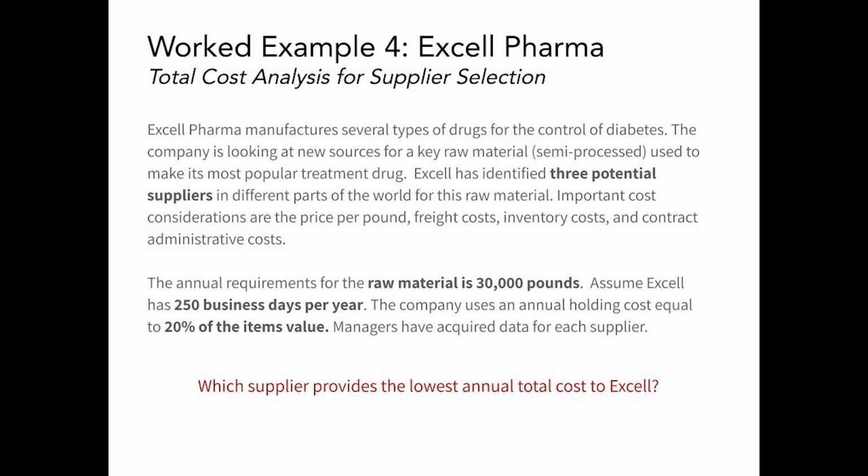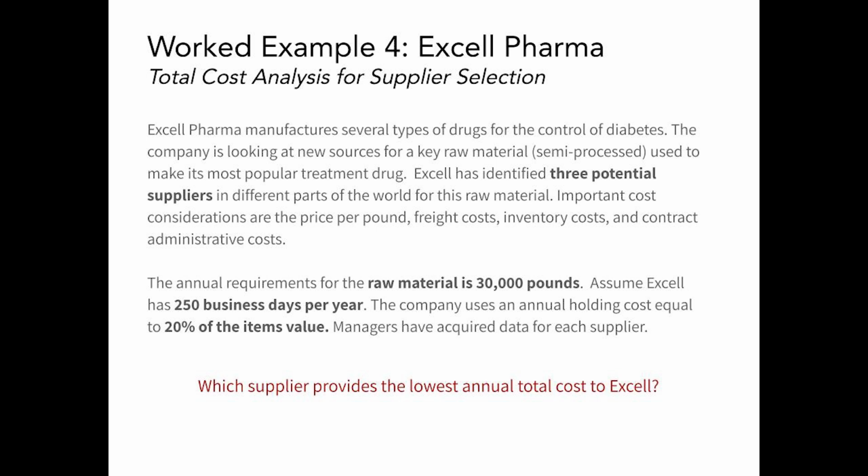The annual requirement for this raw material is £30,000. The question arises, should Excel order all £30,000 at once or in smaller quantities, such as £10,000 3 times a year or £5,000 6 times a year? The company operates 250 business days a year, using an annual holding cost rate equal to 20% of the item's value.